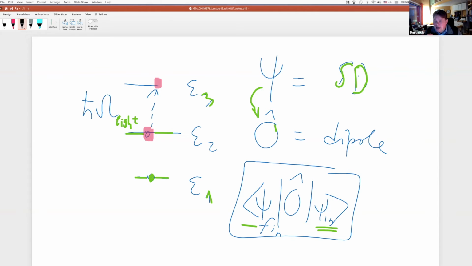I apply electromagnetic radiation of a certain frequency to this molecule, and I want to observe that the radiation will promote an electron from the occupied orbital E2, so we have two originally occupied, to the virtual orbital E3.